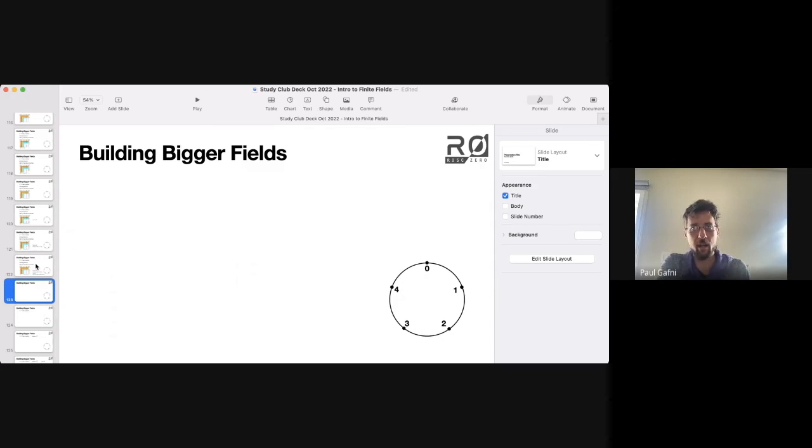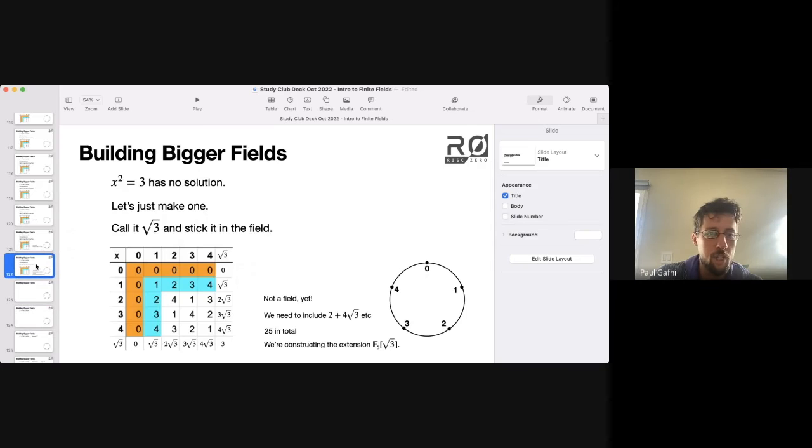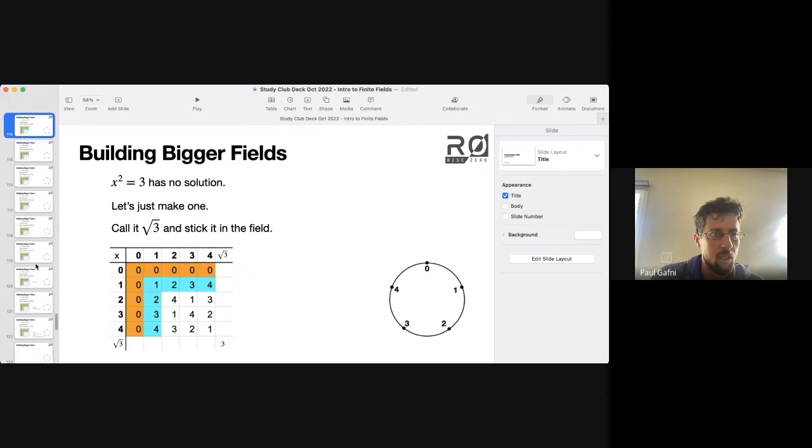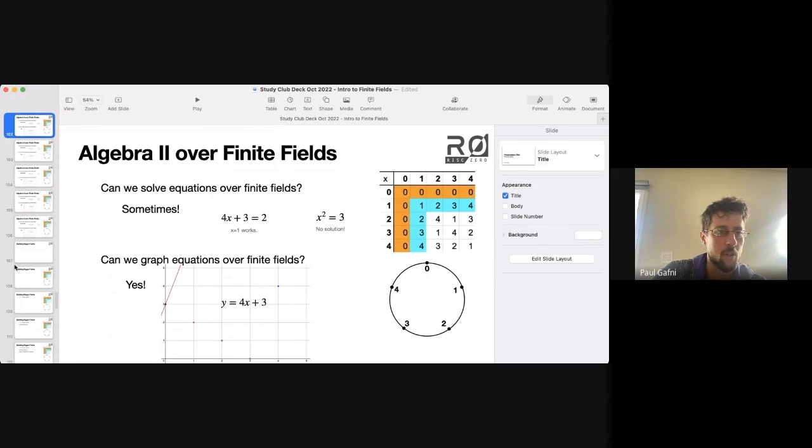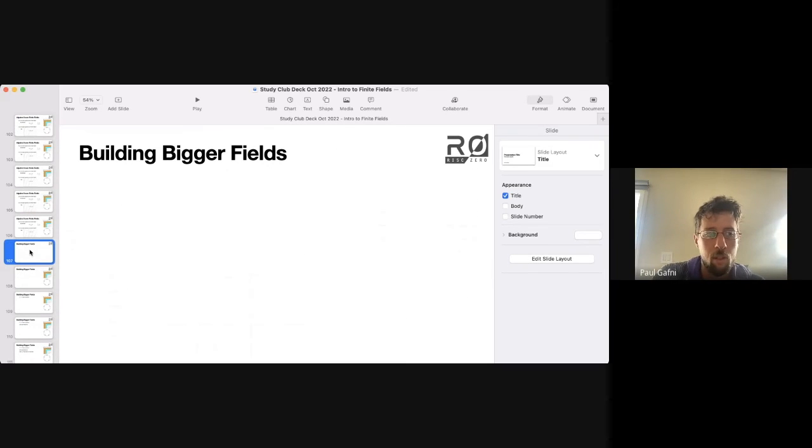And I want to spend the next few minutes motivating field extensions using the equation x squared equals 3. So x squared equals 3 doesn't have a solution on, oh, what's happening? Where am I? I jumped to the wrong slide, sorry. Here's where I want to be.